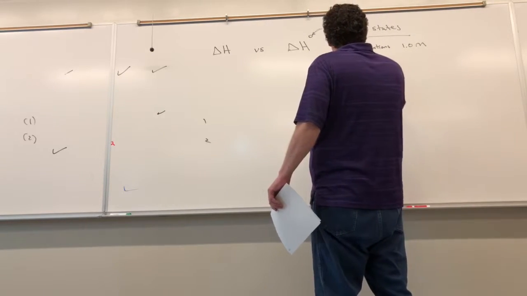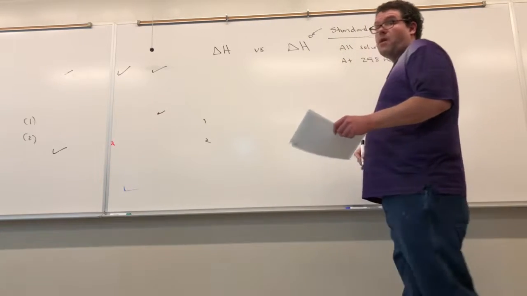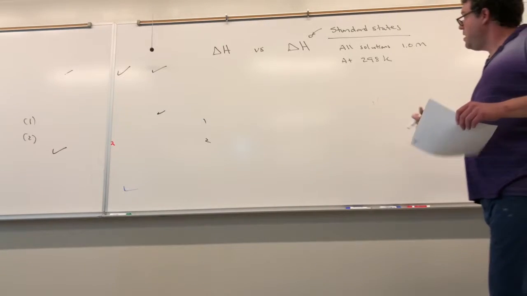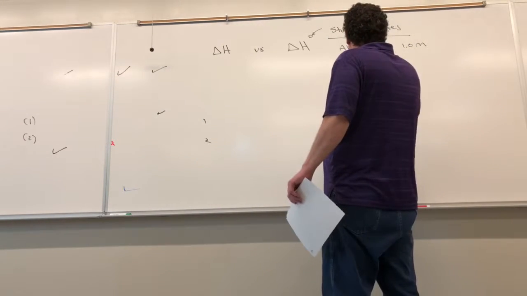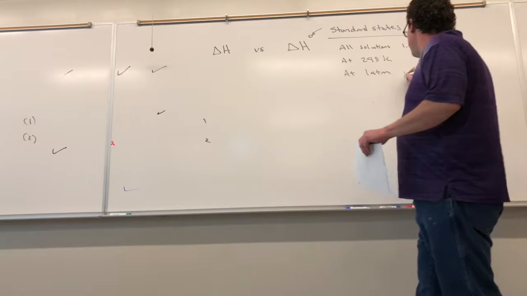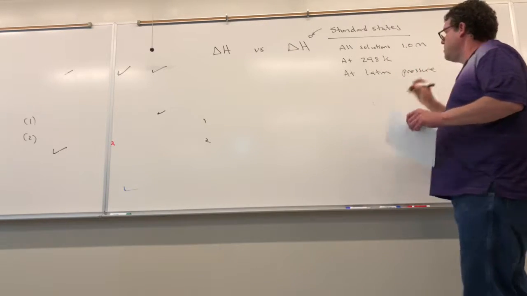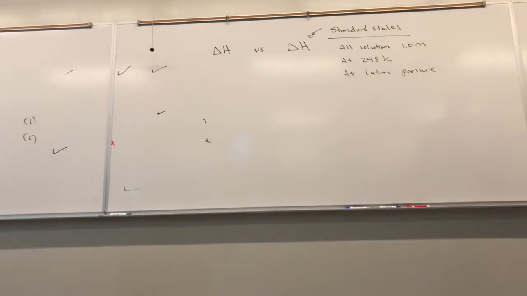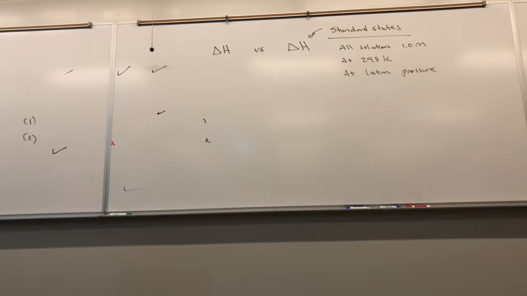All of them are at 298 Kelvin when they ran these experiments. And they are also at 1 atmosphere of pressure. So then whenever you see that little degree symbol, it's saying, oh, those are standard state conditions that they ran those experiments under using these conditions.